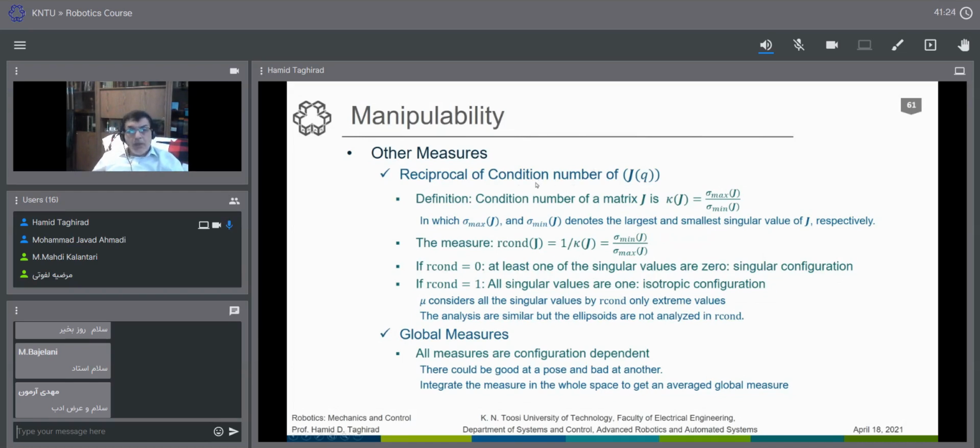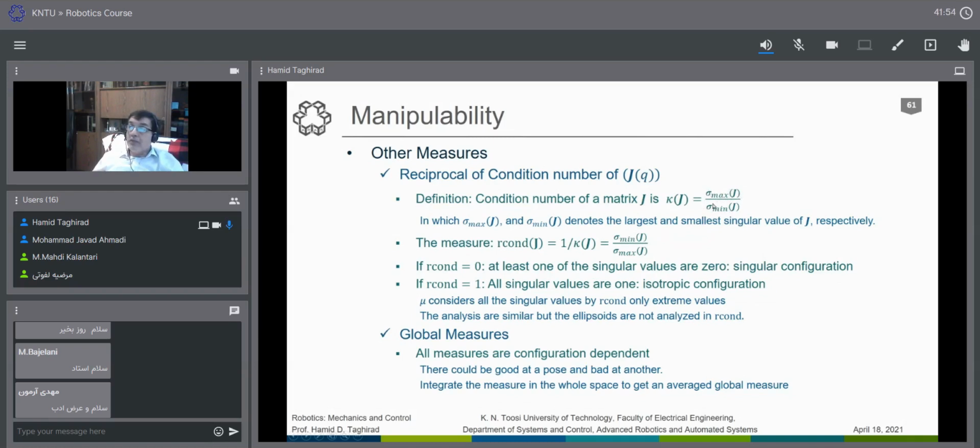Do you remember? If you recall, the condition number of a matrix J, which we call kappa, is the maximum singular value, if it is squared, of course, the square root of eigenvalue, but usually we have maybe non-square, the maximum singular value divided by the minimum singular value.